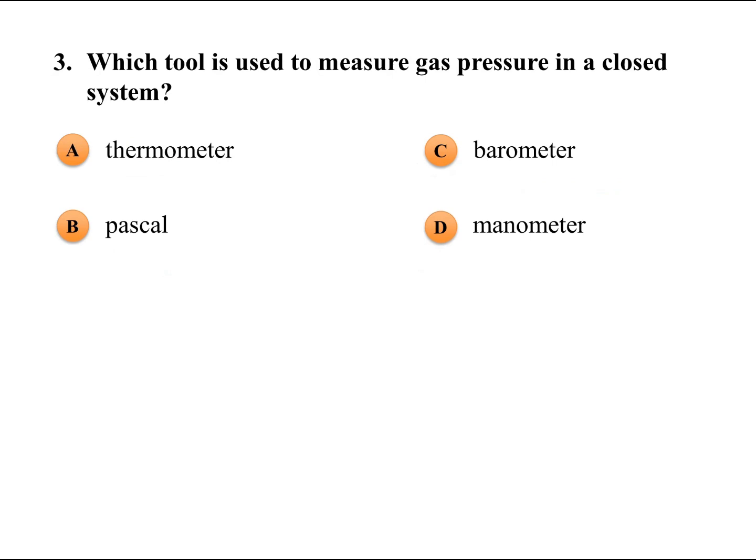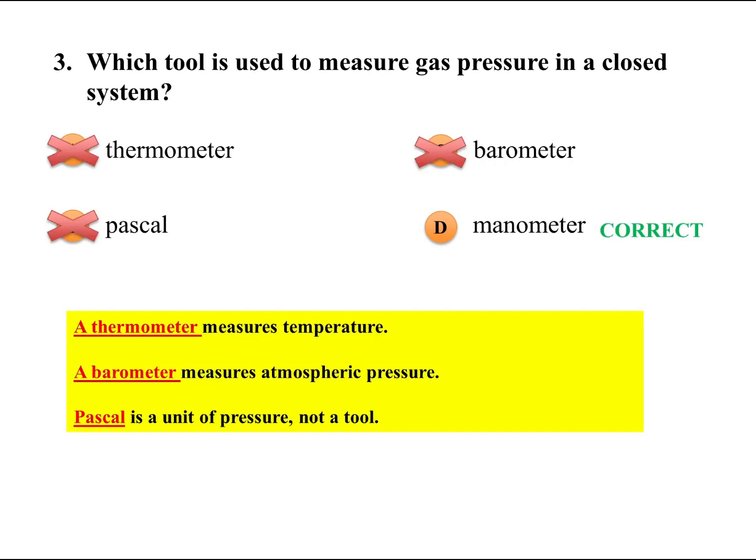Which tool is used to measure a gas pressure in a closed system? The correct answer is D, manometer.